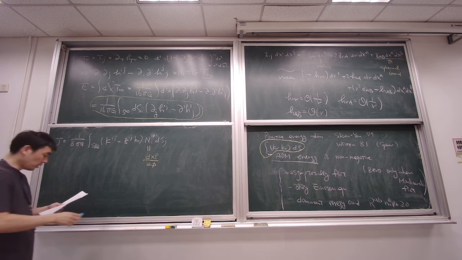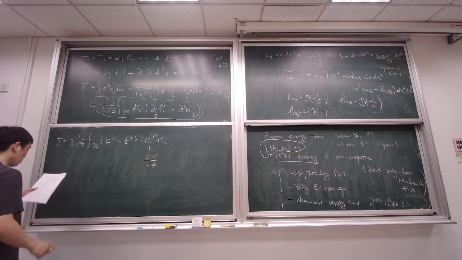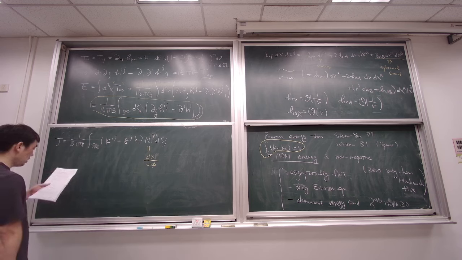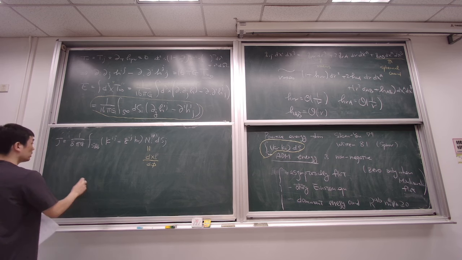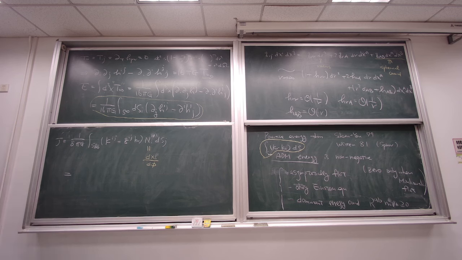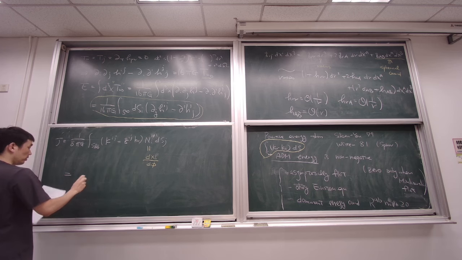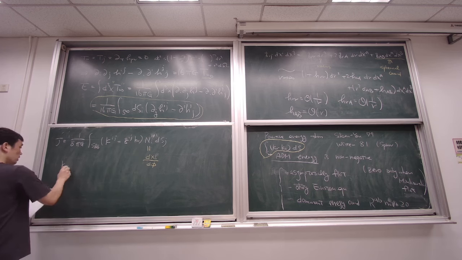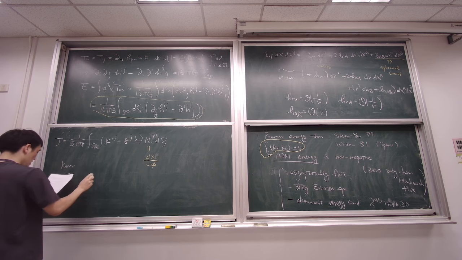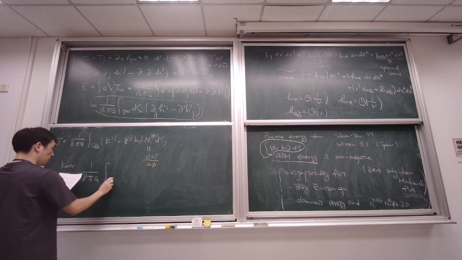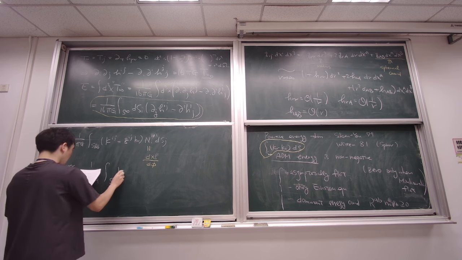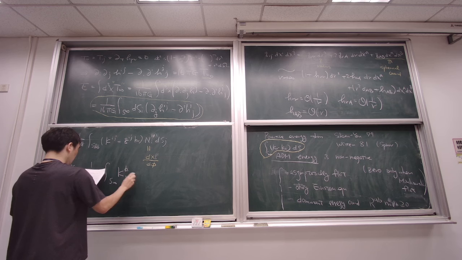In the case of Kerr, one can just compute this quantity. If you write down the spherical coordinates, it reduces to 1 over 8 pi G, integral over S infinity of K_r phi dS.